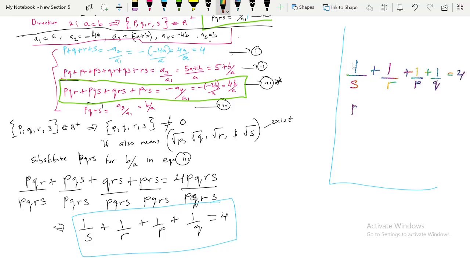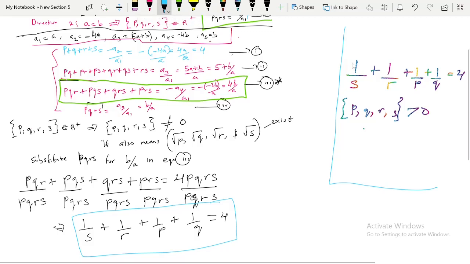And also remember that P, Q, R, S are greater than 0. This is very important, and none of them is equal to 0. You'll see why soon. So come back to equation 1 now. See equation 1 here.